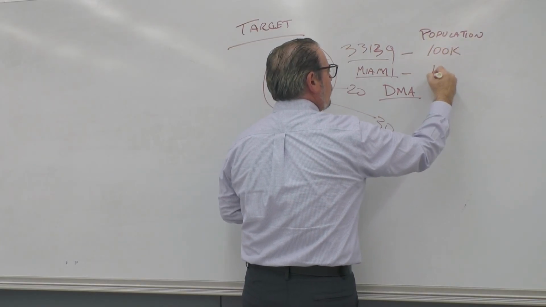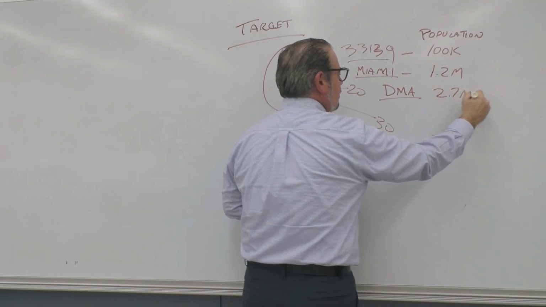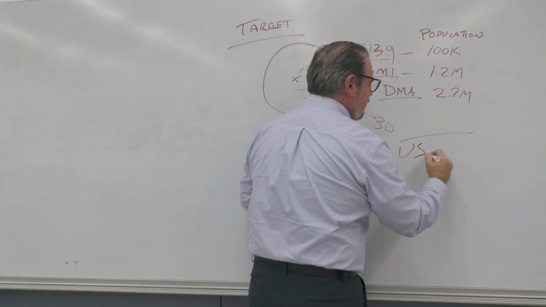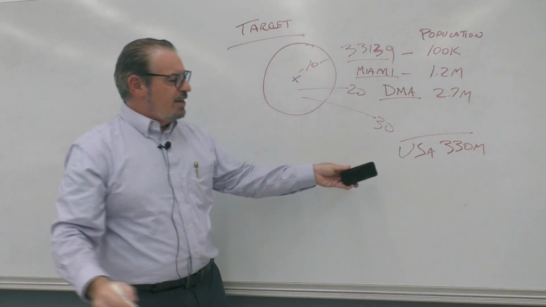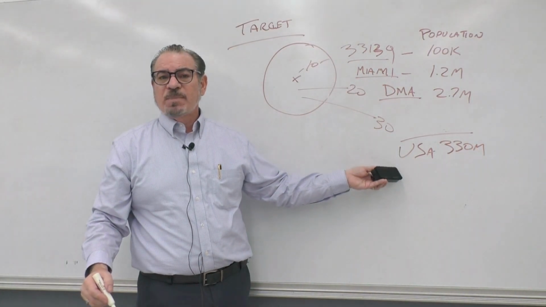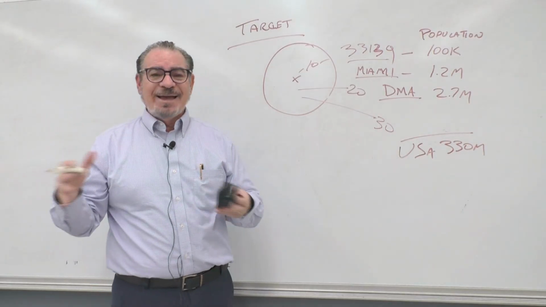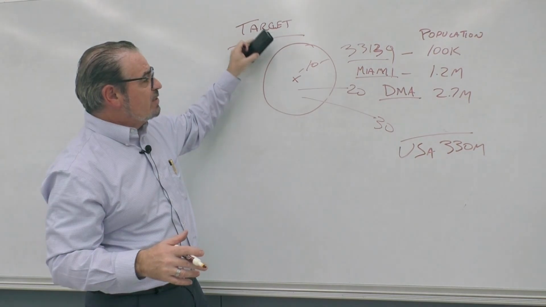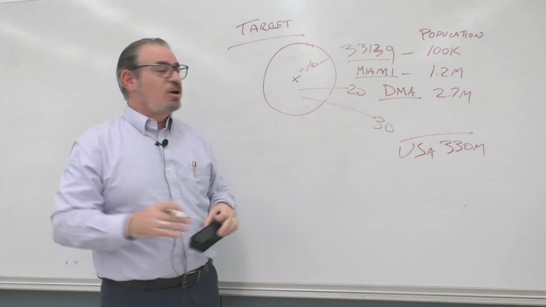Miami could be 1.2 million. The DMA could be 2.7 million, okay? How many are in the total US? The total US has what, 330 million, as we know right now? So that is the total US market. So you have to figure out where you want your ads to be placed. So you have to look at your target. Now, this is a geographic target. That's one way of targeting.